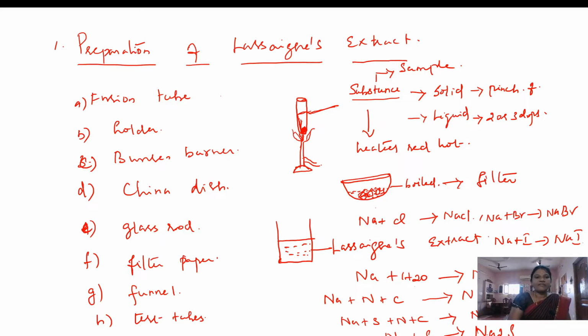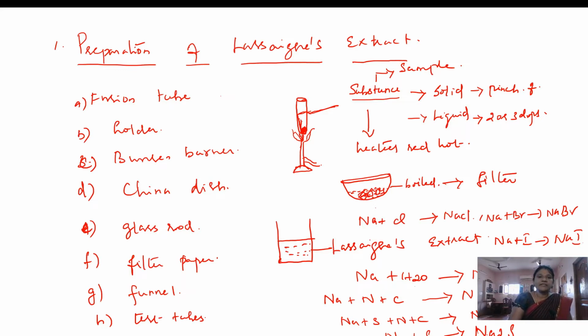The first step of the Lassaigne's test is the preparation of Lassaigne's extract. Before that, we may observe its color, odor, and its physical state, whether it is liquid or solid. These three observations are said to be the preliminary test.